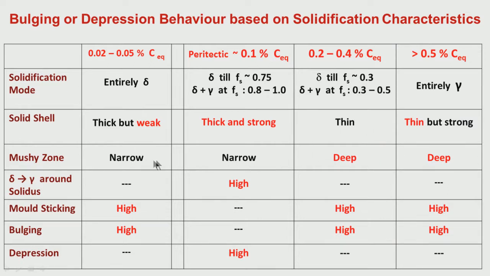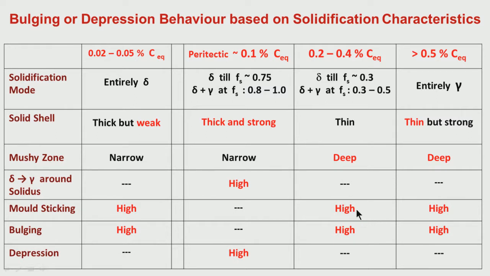Here for low carbon it is quite narrow. Because the mushy zone is deep, this solid shell will be relatively thin. So what is happening again, since the solid shell is thin, it cannot withstand the ferrostatic pressure. The ferrostatic pressure will push it towards the mold.